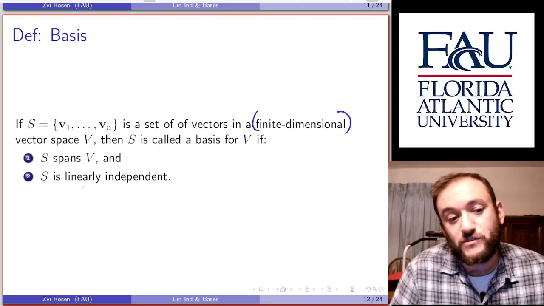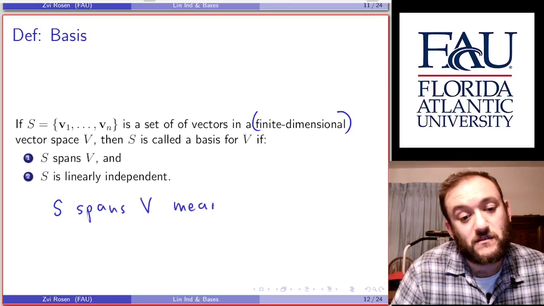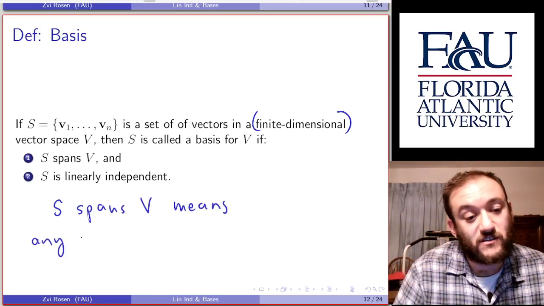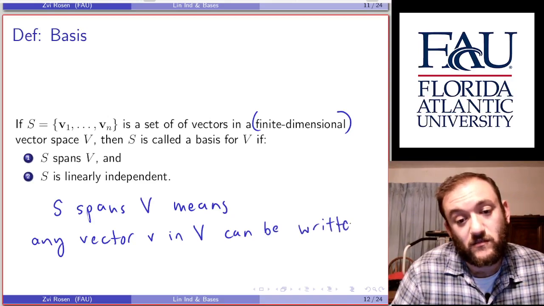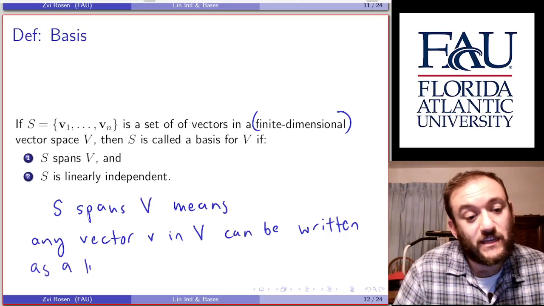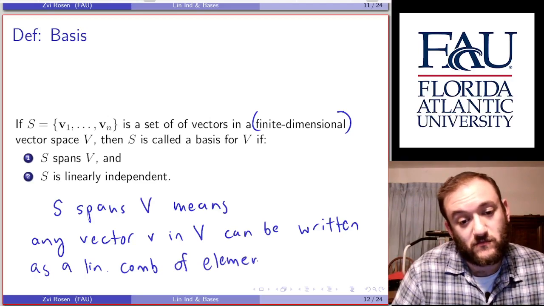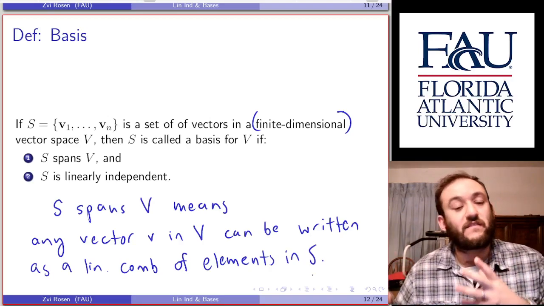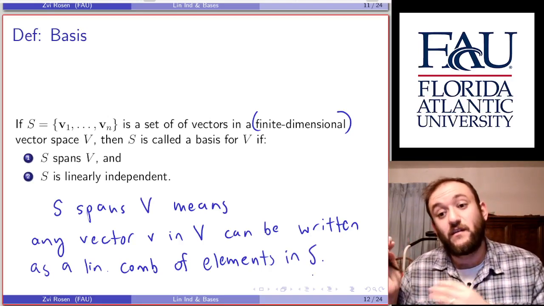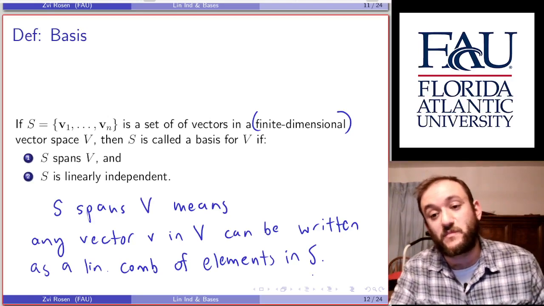The second one we've just discussed at length. And let's recall the first one: S spans V means that any vector v in V can be written as a linear combination of elements in S. So everything that you're looking at in V can be written as a linear combination of our ingredients list in S. And that's what it means to be a basis.